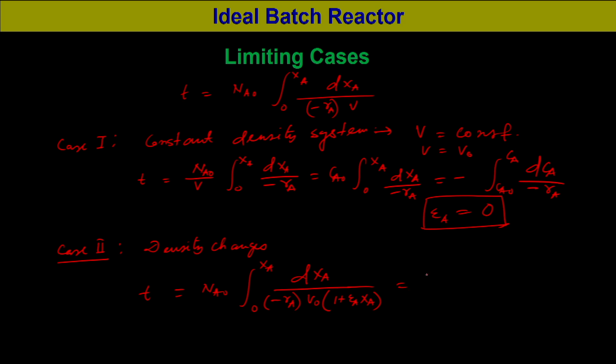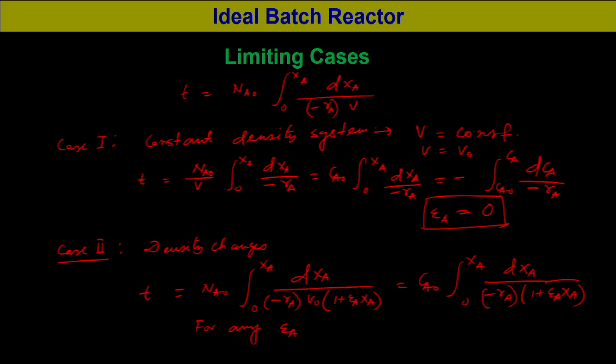So, it will be CA0 integral 0 to XA dXA divided by minus rA into 1 plus epsilon A XA. This is applicable for both isothermal and non-isothermal systems, and for any epsilon A, any change in volume.